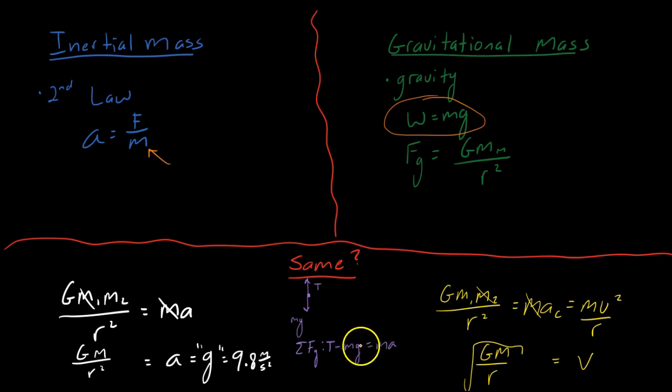If I just had an object in free fall, the sum of the forces is mg equals ma. Well, what's the acceleration? We assumed these two things were the same. That's how we could assume g equals 9.8 meters per second squared. Also, the whole idea of planets or moons or satellites orbiting presumes that these two masses are the same. But again, there's no real reason why they have to be the same.